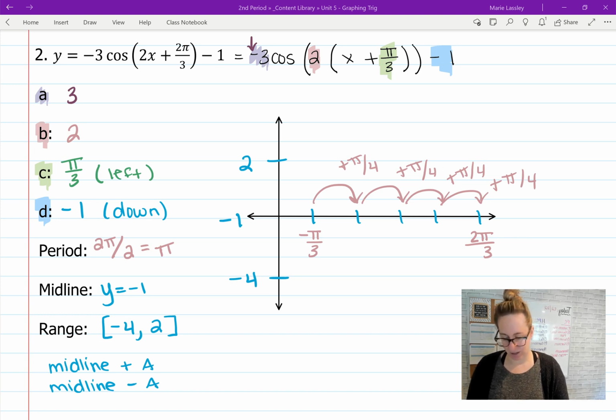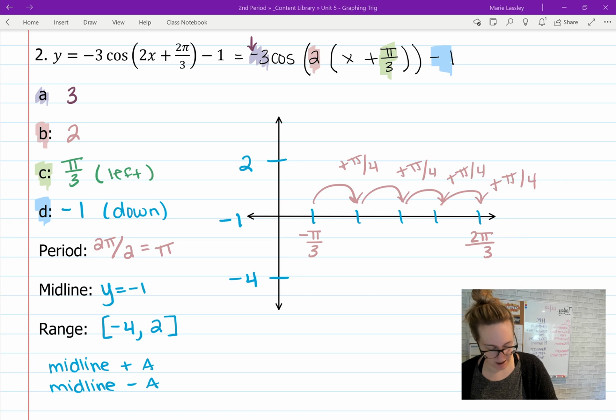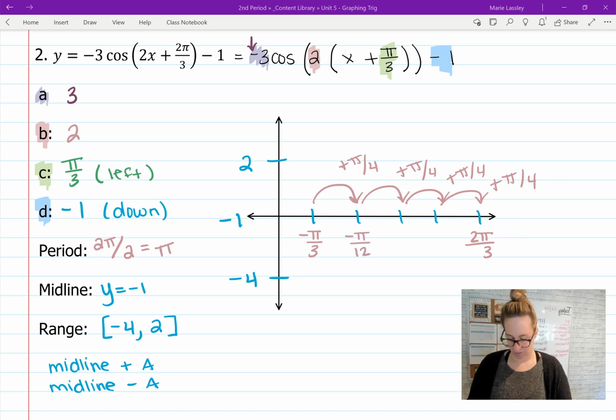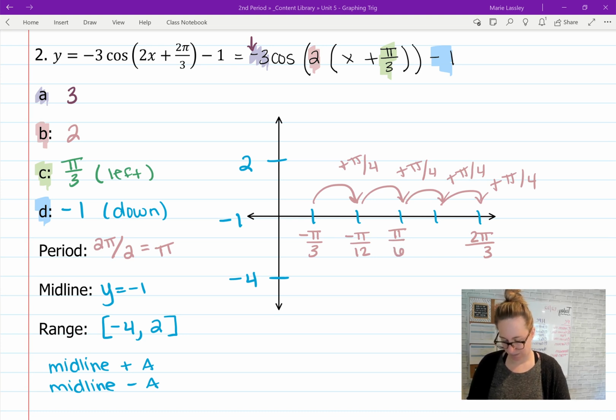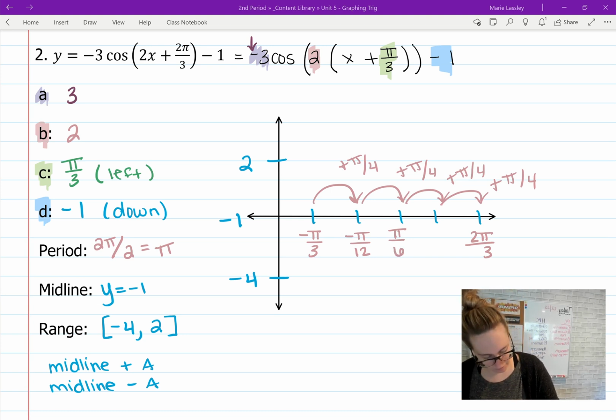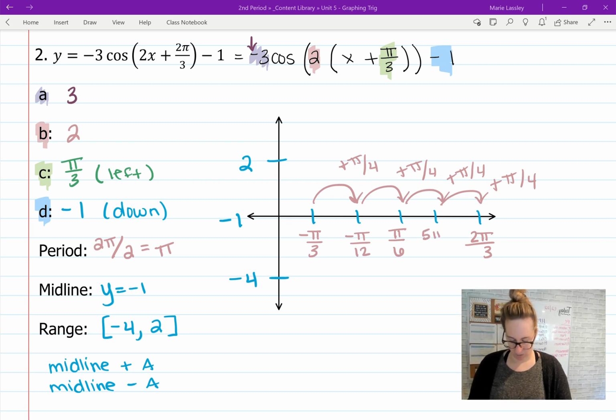That's negative pi over 12. Plus 1/4 gives me positive pi over 6. Plus 1/4 is 5 pi over 12. And then plus 1/4 again, and I should get 2 over 3, and I do. Bam! So I set up my x-axis correctly.